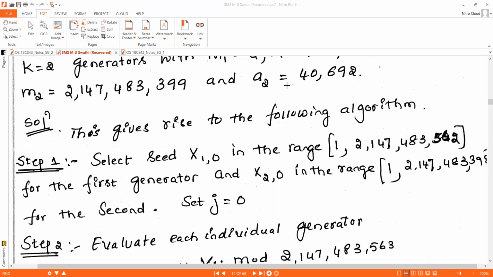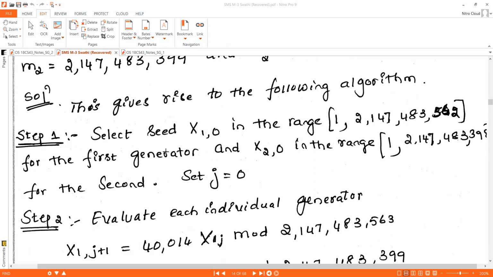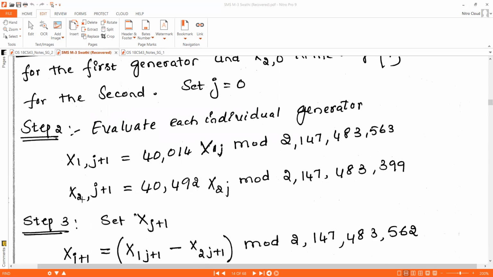We substitute these in the formula to get x2,j+1 equal to 40692 into x2,j mod 2,147,483,399. This is the m2 value.